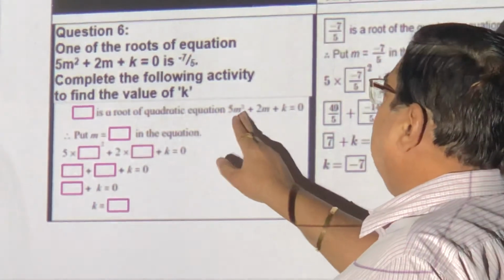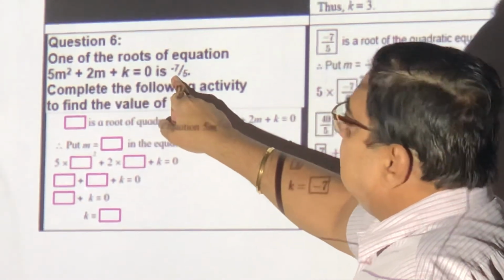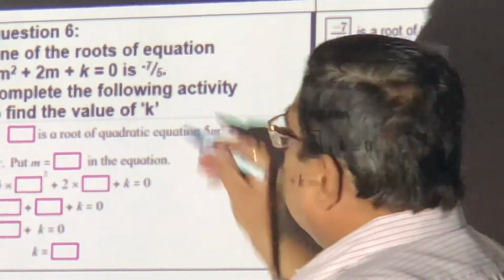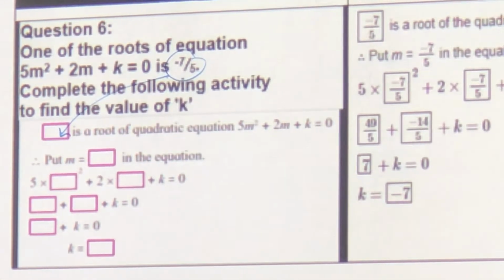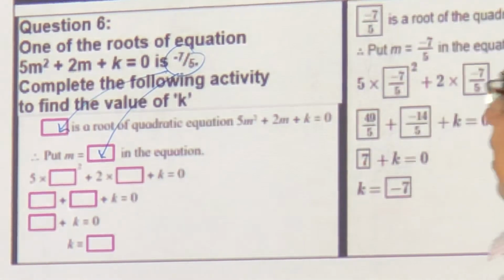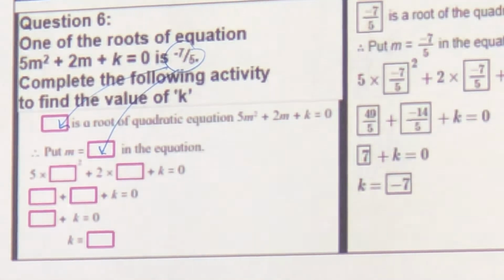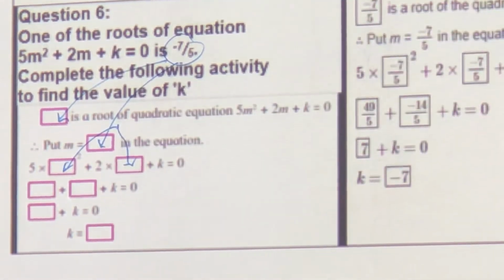Dash is a root of the quadratic equation. Now it is written that one of the roots is minus 7 upon 5. So I will put this here because they have given me. Now put m, instead of the variable, put the value. Multiply the values and solve.